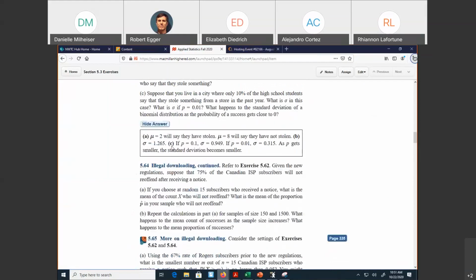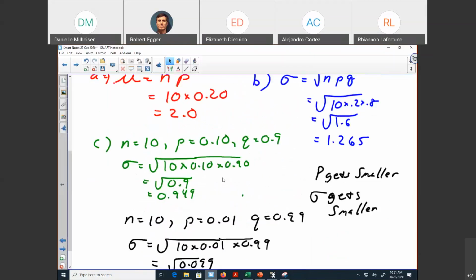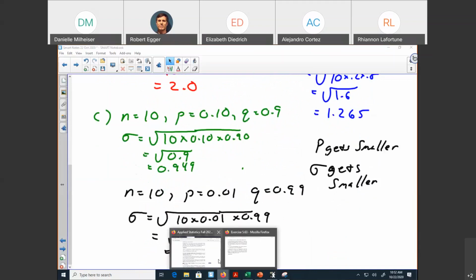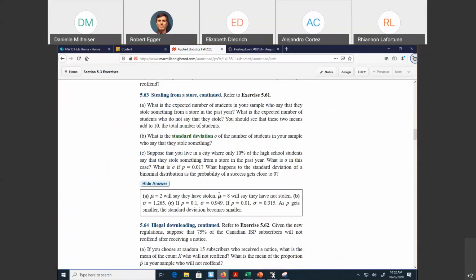There you go. 1.265, 0.949, 0.315. Is that what we got? So we got those numbers successfully. And as p gets smaller, standard deviation becomes smaller. Gotcha. All right.